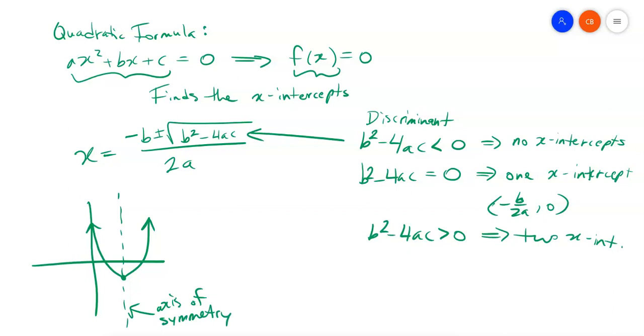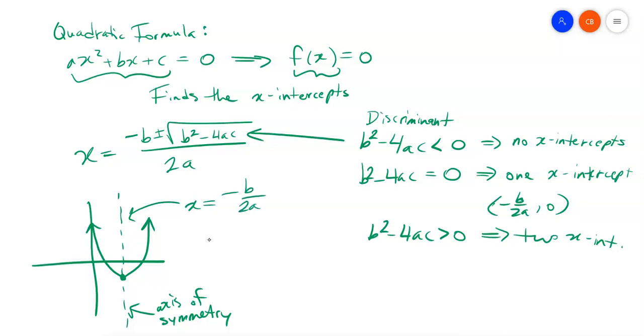The axis of symmetry is always a vertical line that goes through the vertex. We know its equation: a vertical line goes x equals something, and in this case it's x equals negative b over 2a.